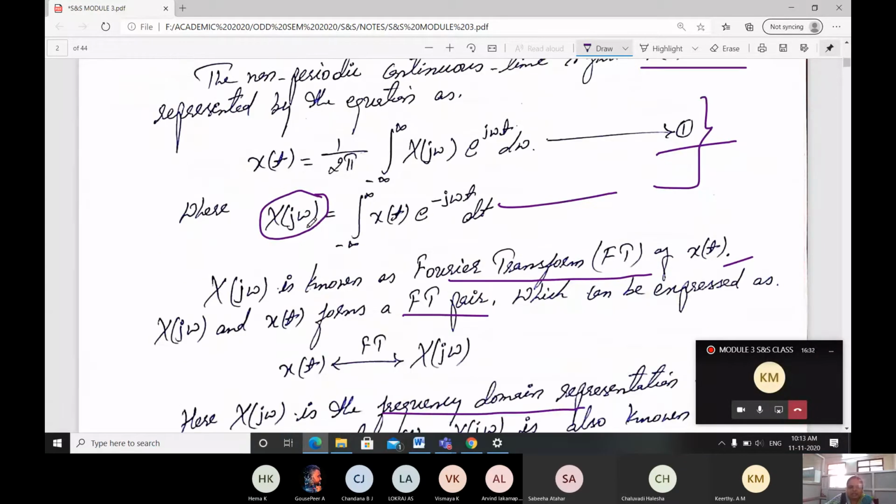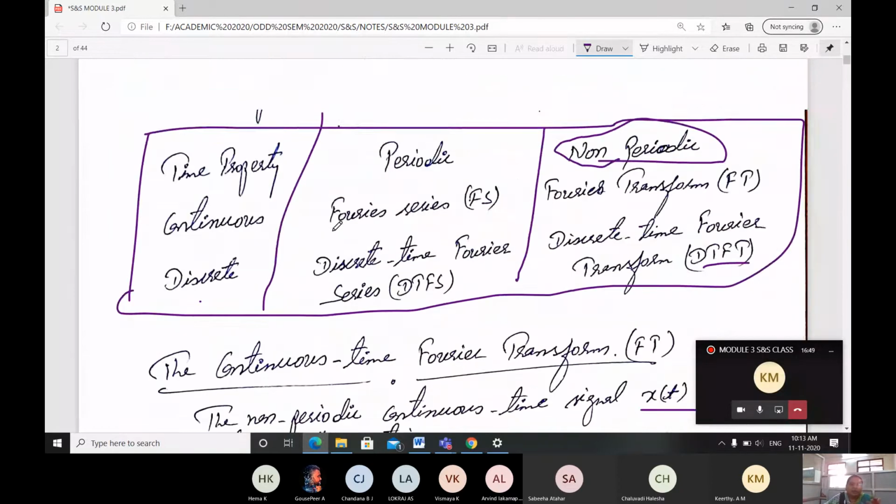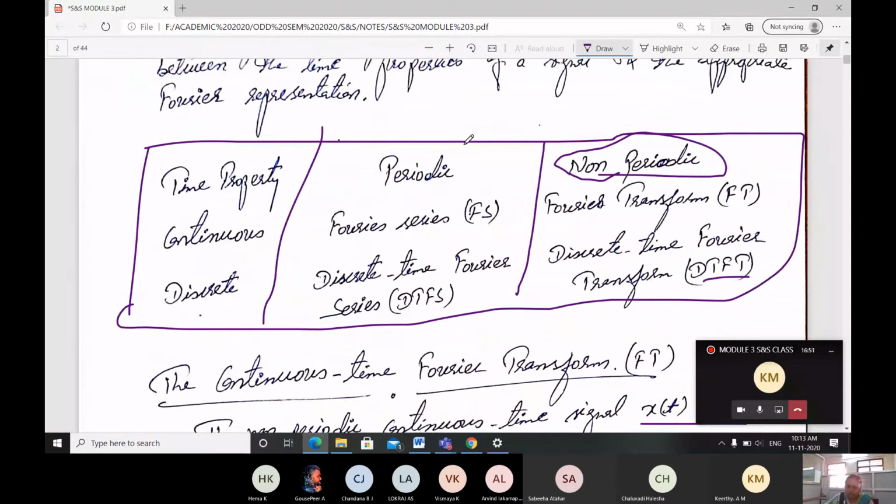Understand what I am stressing here: by using the Fourier representation, we can go from the frequency domain to the time domain, or from the time domain to the frequency domain, and vice versa, whether our signal is periodic or non-periodic. We can use either method. This is the main focus of the Fourier transform and Fourier series methods.